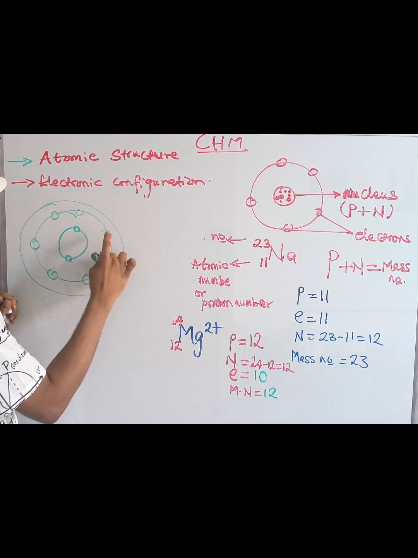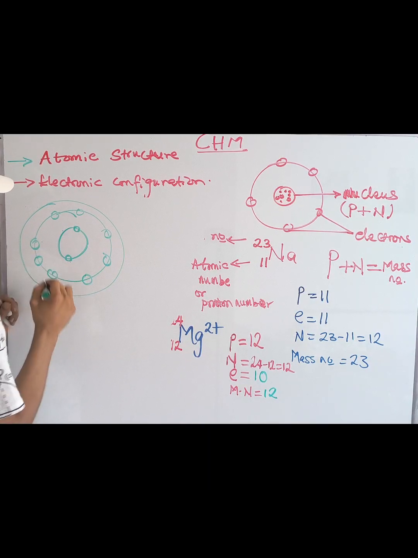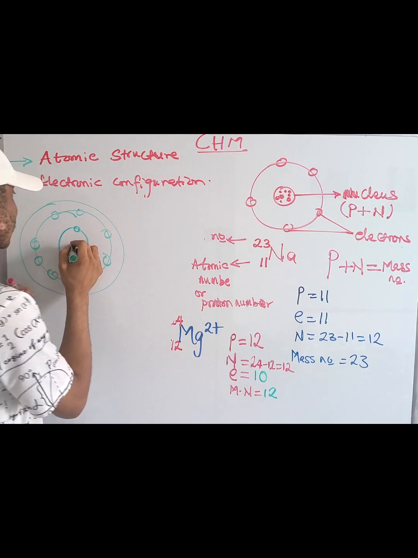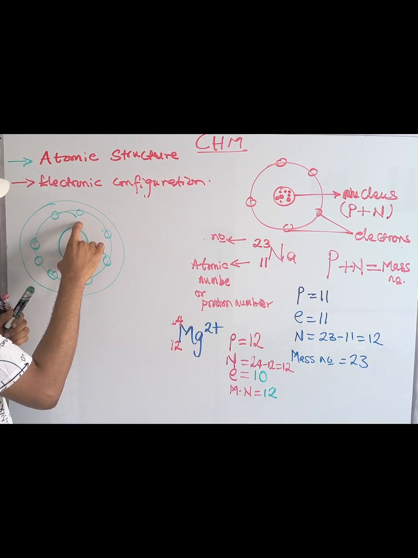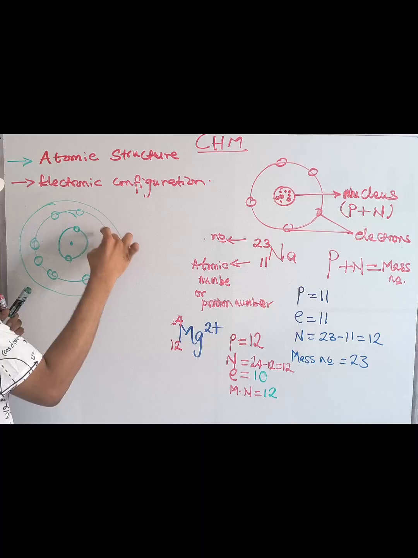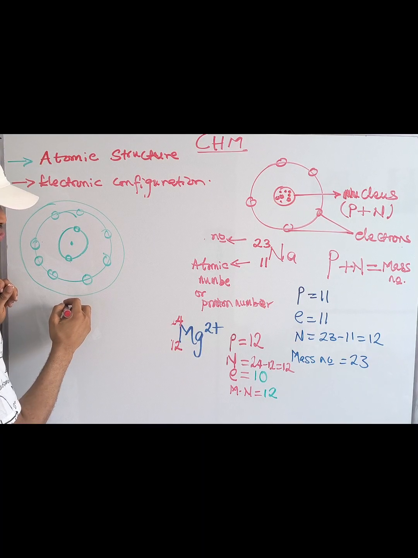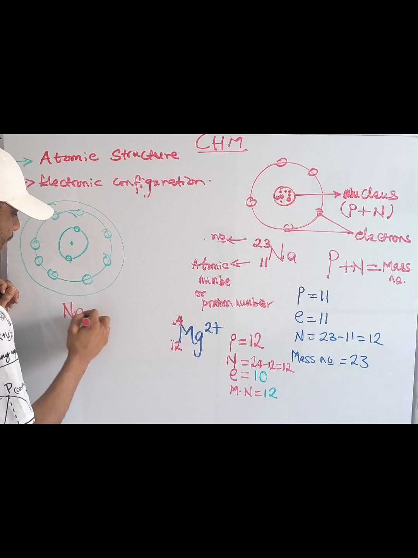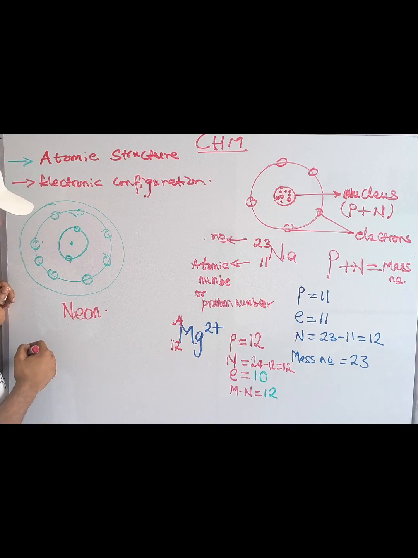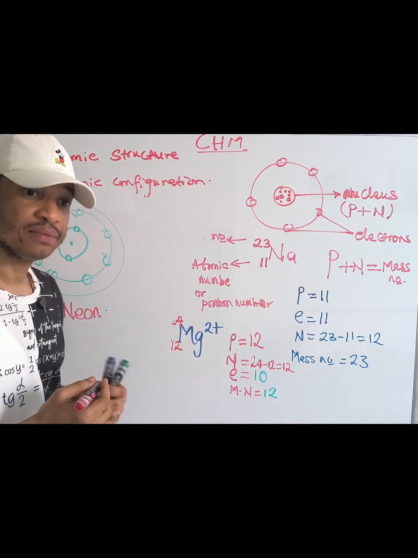So this I have just drawn now is 2, 4, 6, 8, 10. So this element is neon.